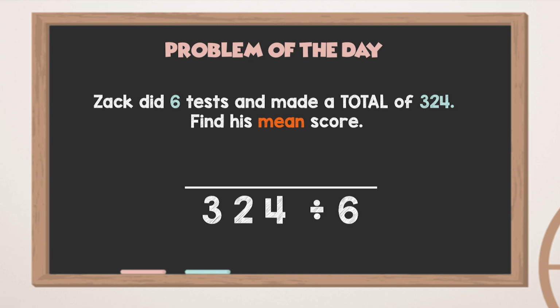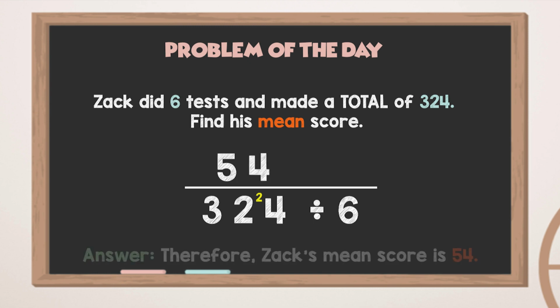We're going to do short division. 6 into 32, 5, because 6 5s are 30, and 2 remains. So that leaves us with 24. 6 into 24, 4. Therefore, Zach's mean score is 54. Boys and girls, do you have that correct? Excellent. Put a big tick.